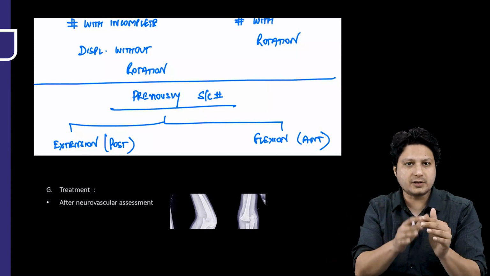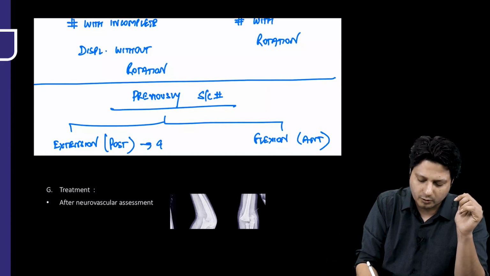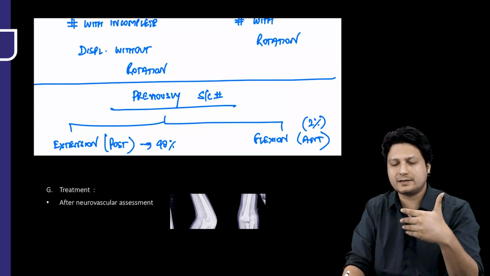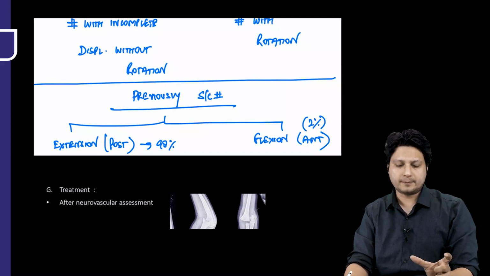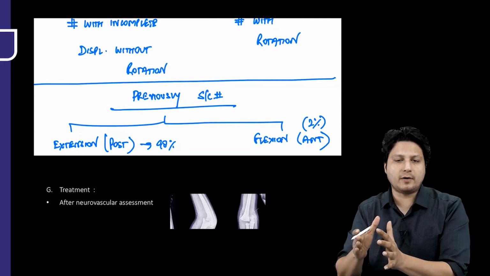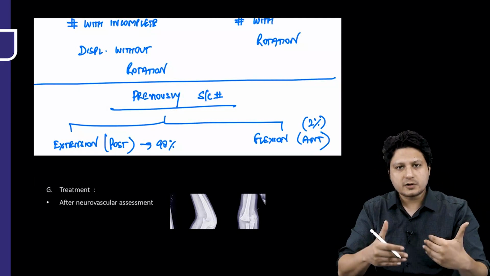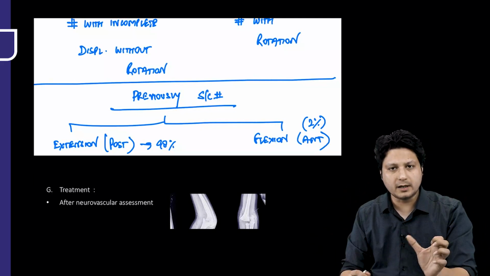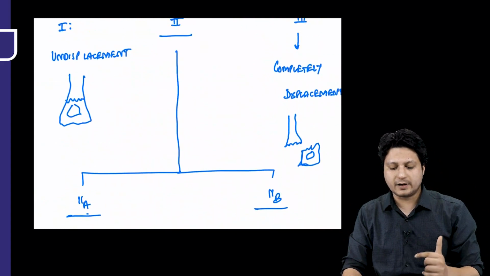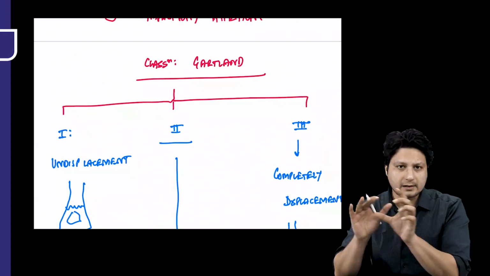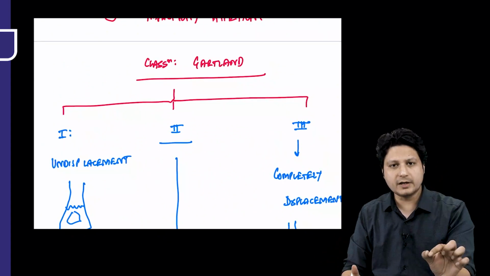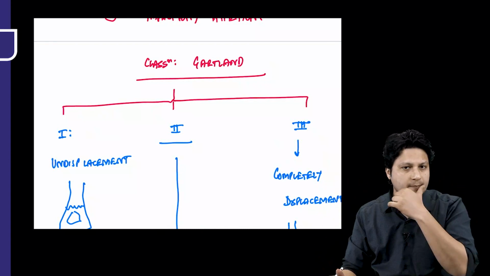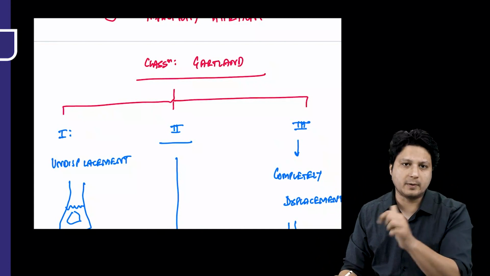So extension type is much more common in comparison to the flexion type, which is less than 2%. Nowadays, the classification being followed is the Gartland classification, which is not only categorizing the supracondylar fractures, but also dictating the management protocol.